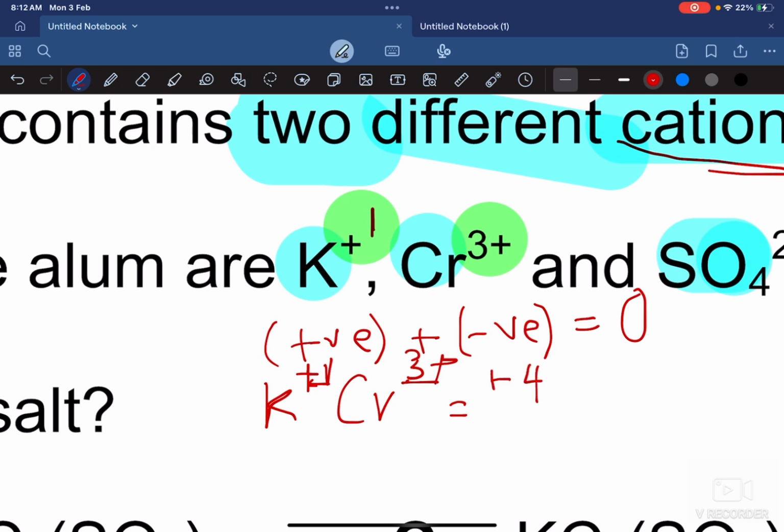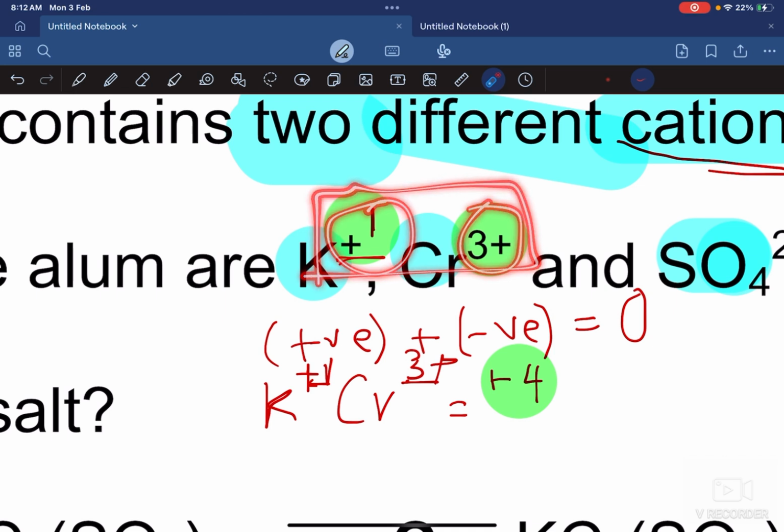What is the net positive charge? It's +4. I hope that makes sense to you guys. We had +1, we had +3, so we combined this 3 and this 1 and worked out our total positive charge. There were 2 cations, and it came to +4.